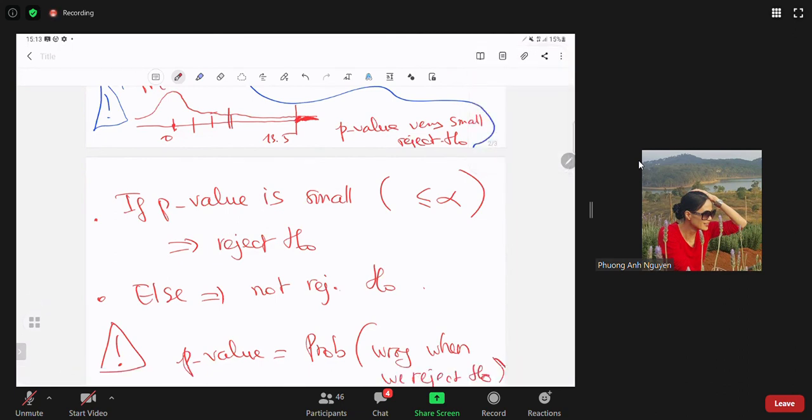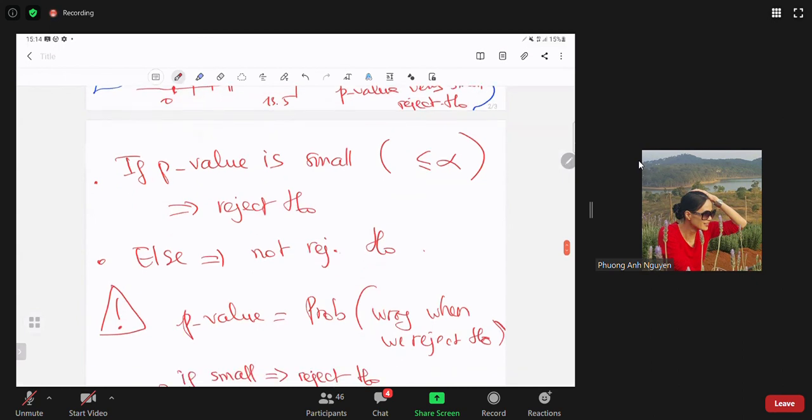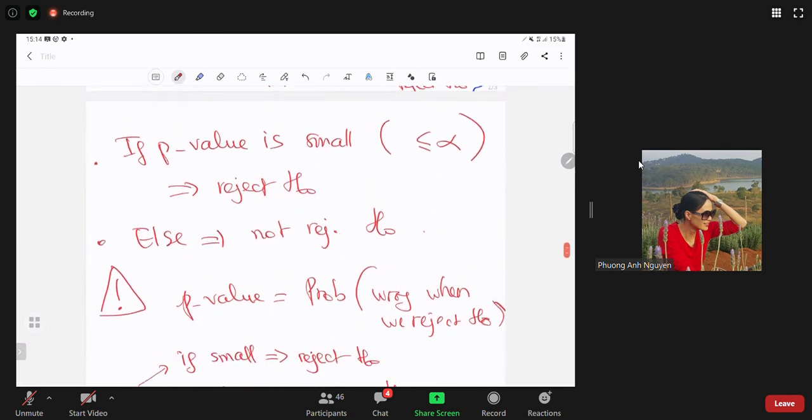Of course, the p-value is still debated in some areas like psychology and medicine, where it should be used with care. But in economics, for now, I think it's still okay. The p-value is still widely used everywhere, and it's very convenient too.